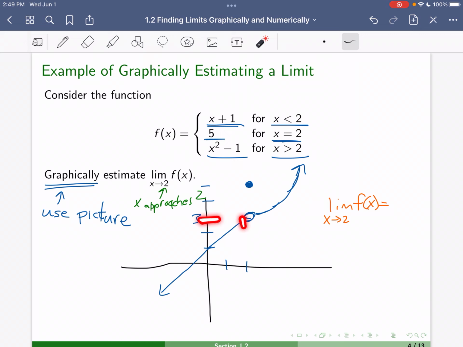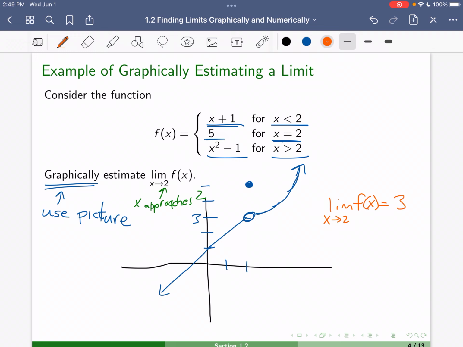When you plug in values here, or in the picture, if we're not at 2 itself, we're just really close to 2, then our function value is approaching 3. If we are a little bit larger than 2, but we're getting closer to 2, then our function value here also appears to be approaching 3. So this limit, the limit as x approaches 2 of f of x, is equal to 3.